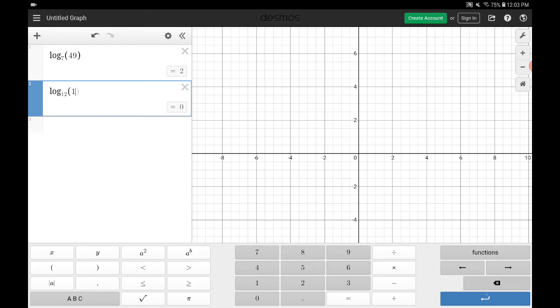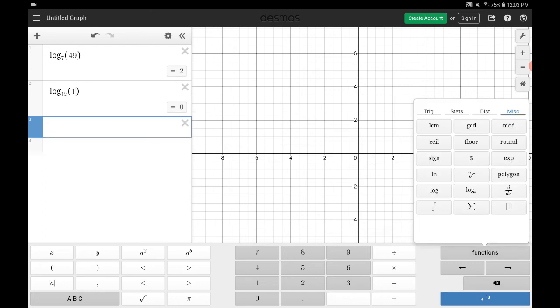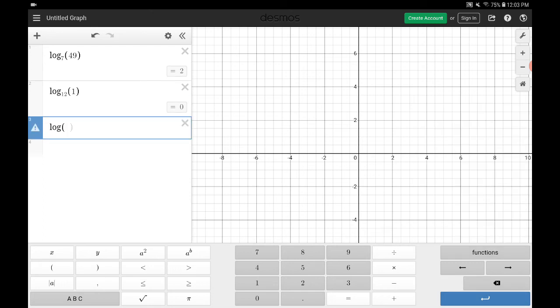Okay, so let's try common log. So functions, and if you just press the regular log, that is our common log. That's base 10. All right, so let's put 100 in there. Even though it's not written, it's base 10, and it equals 2, because 10 squared is 100. All right, so enter. Now let's do log base e.